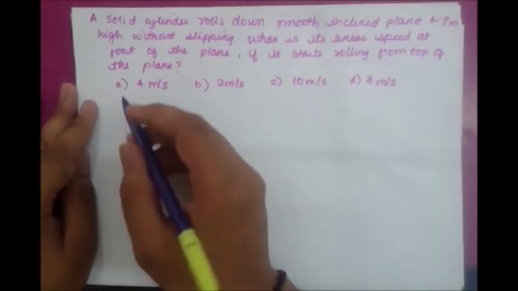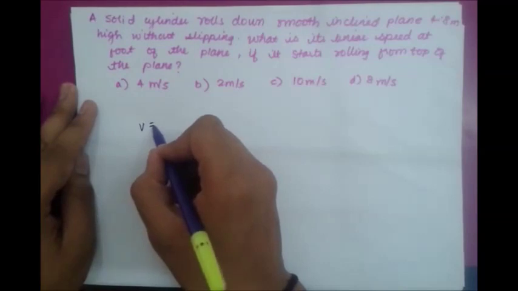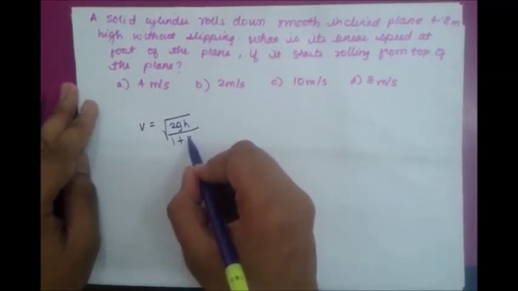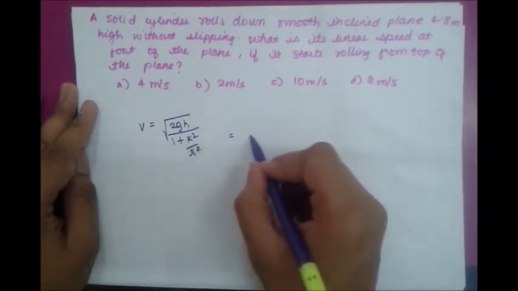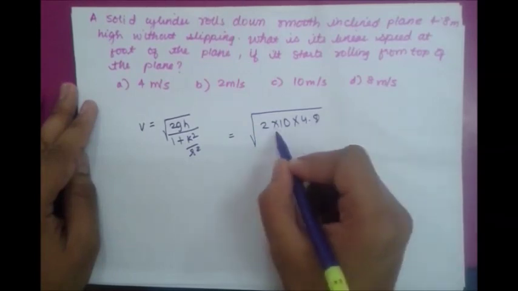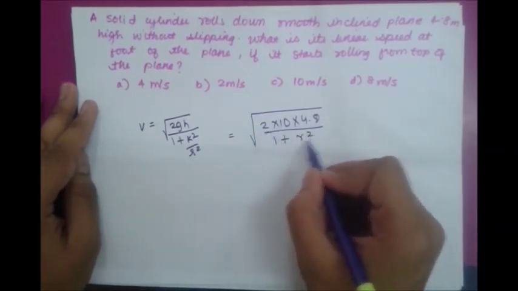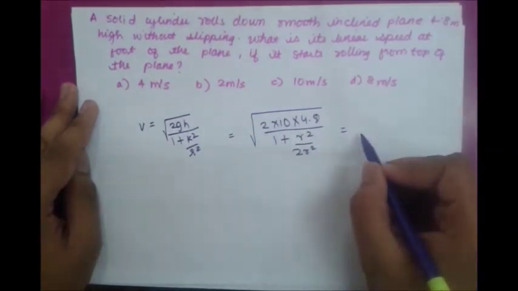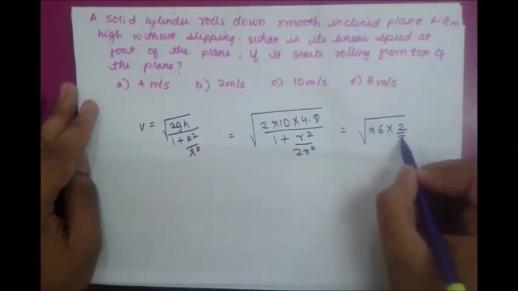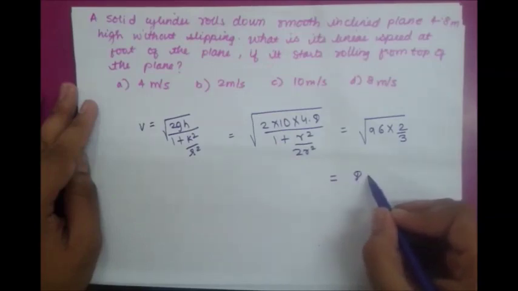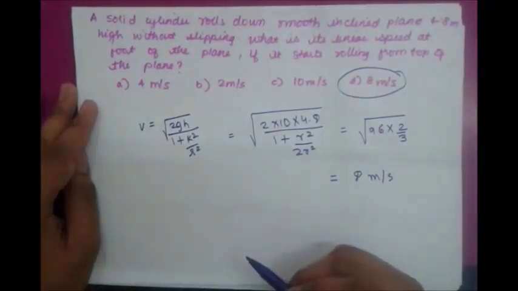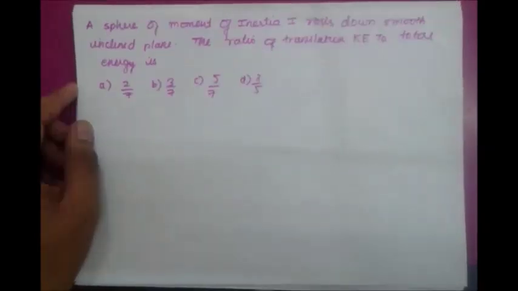Now to solve this question we know v is equal to square root of 2gh upon 1 plus k square upon r square, which is equal to square root of 2 into 10 into 4.8 upon 1 plus r square upon 2r square, which is equal to square root of 96 into 2 by 3, which on solving we get 8 meter per second. So option D, 8 meter per second is the correct answer.